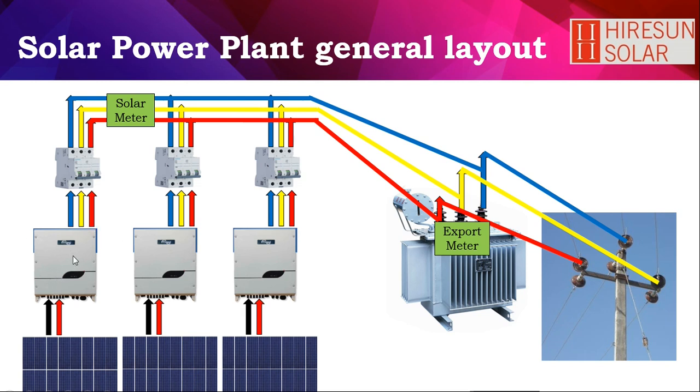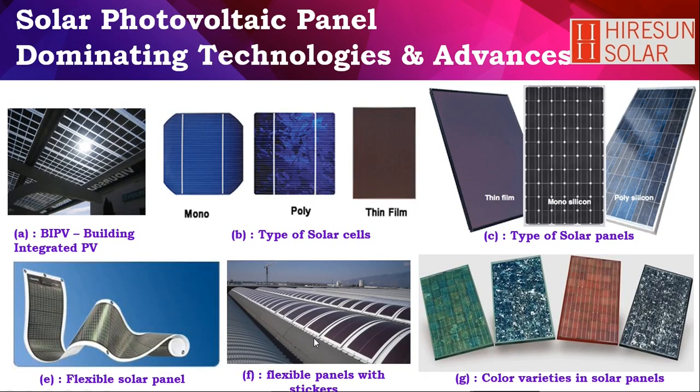In the 1 megawatt installations, we are having 4 inverters of each 250 kVA, which is connected with a 250 kVA main transformer, and those transformers are connected with the common transformer of 1250 kVA, and then it is connected with the grid. So depending upon the plant to plant, the configuration may change, but this is the generalized layout of the solar power plant.